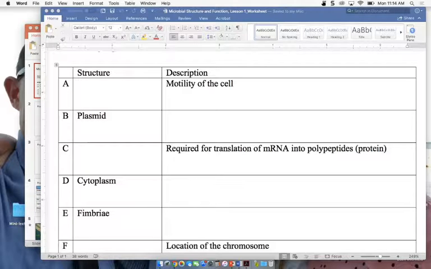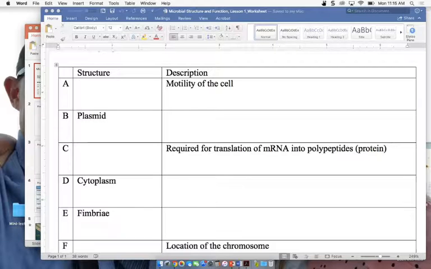Fimbriae are used for attachment to surfaces. There is another structure that the book refers to, and that we'll come back to later on as well, known as a pilus or pili.